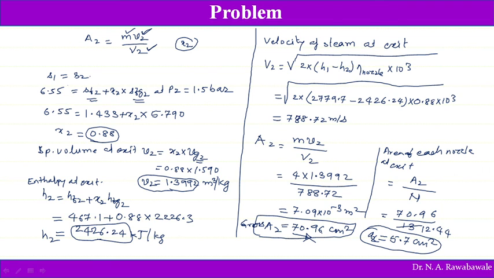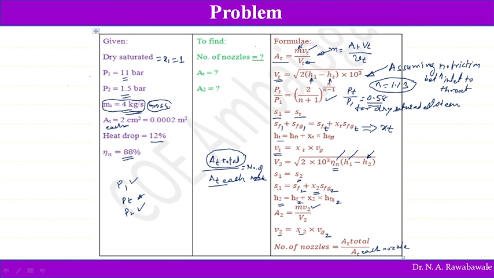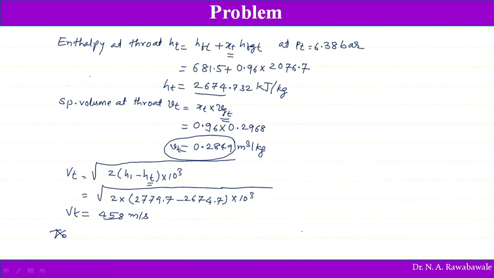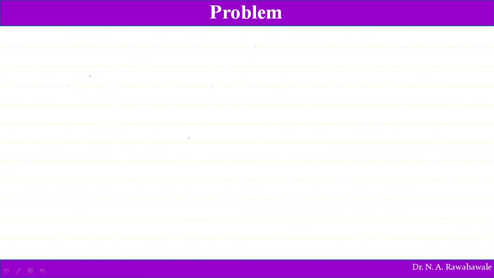So both answers we have written, thinking that they are asking us to find out the individual area or the total area. There is confusion in this problem itself, whether he is asking us to find out the net area of all nozzles at exit or the area of an individual nozzle at exit. Therefore we have obtained both. Now we can write the answers.